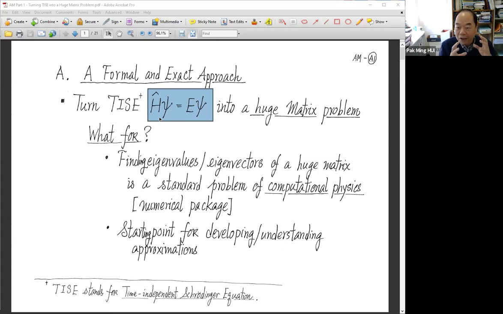We have this time-independent Schrödinger equation, okay? Now, it is a very important and very interesting equation. The equation is, you give me the system, then I write down H psi equals E psi. All right, so what are we solving?